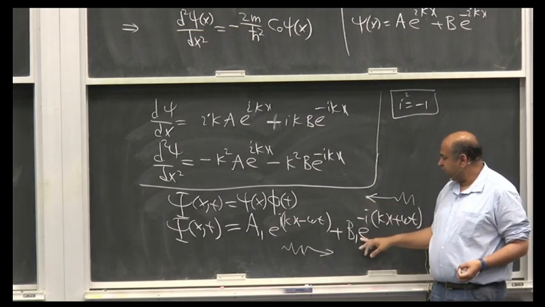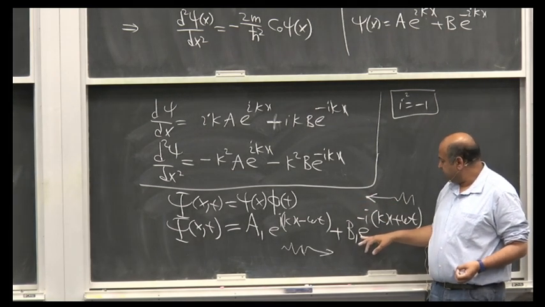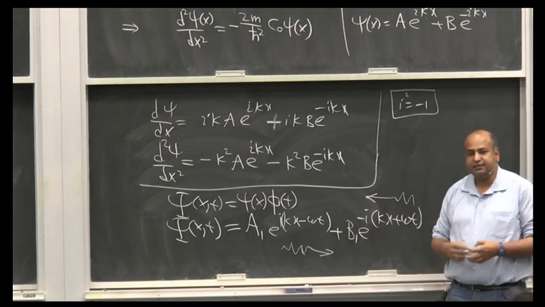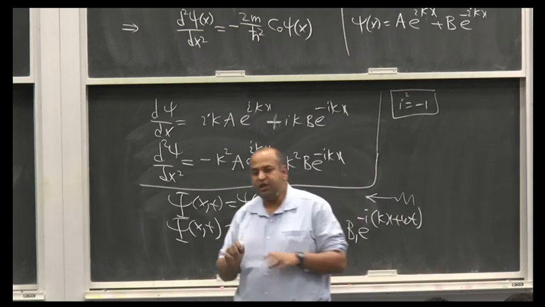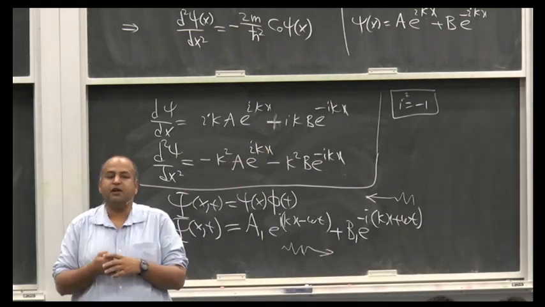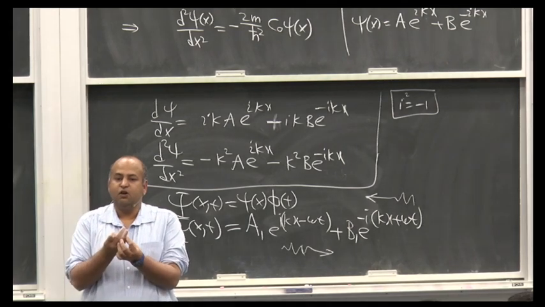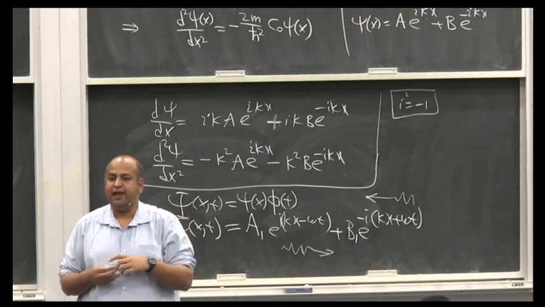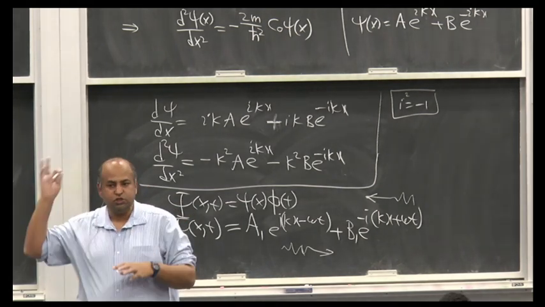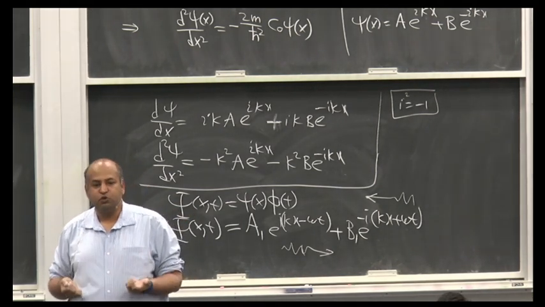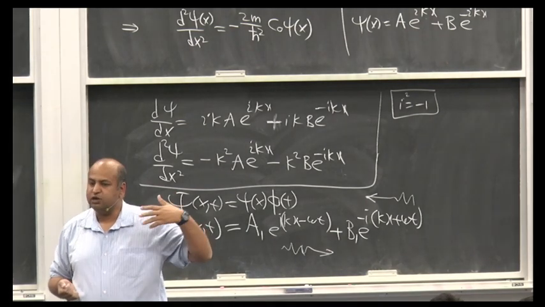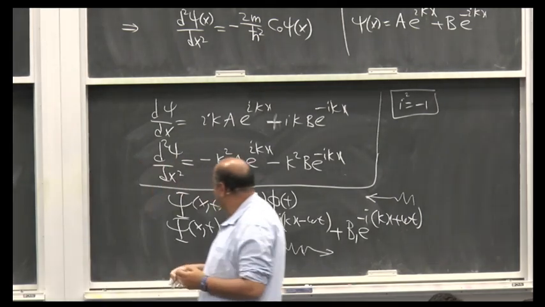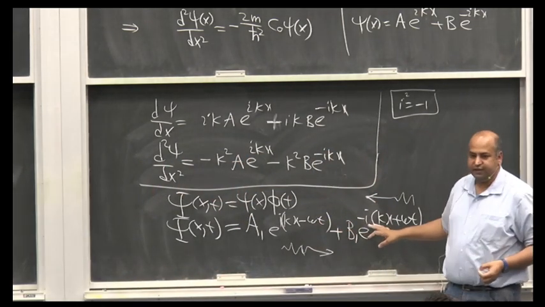If you take b1 as 0, you have a particle moving along the positive x-axis. So if you have a free particle in a one-dimensional universe, that only has one axis, you can either move left or you can move right. And since there is no force, because u is zero, what do you expect? If a particle is going left, it has to continue to go to the left. If it is going right, it has to continue to go to the right. And that's what this equation is also telling us.